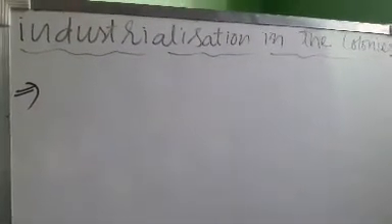As you know, in the earlier two topics we discussed at length the industrialization process that occurred in Europe, especially in Britain, because Britain was the first industrial nation of the world, and we discussed all that.